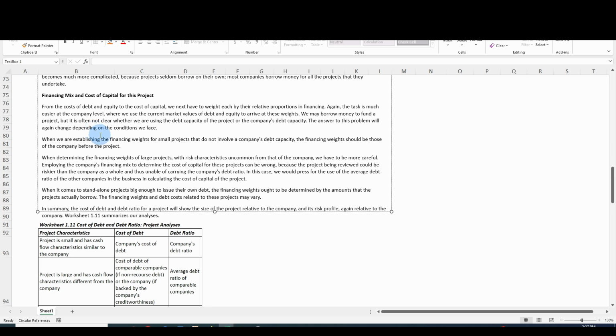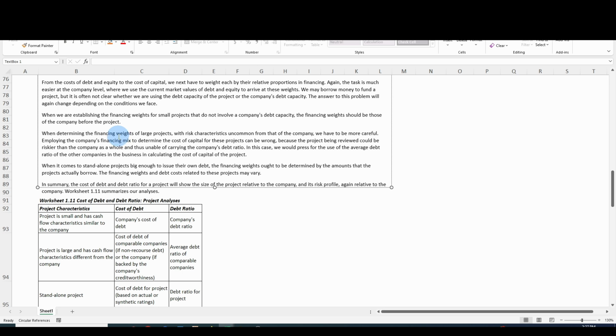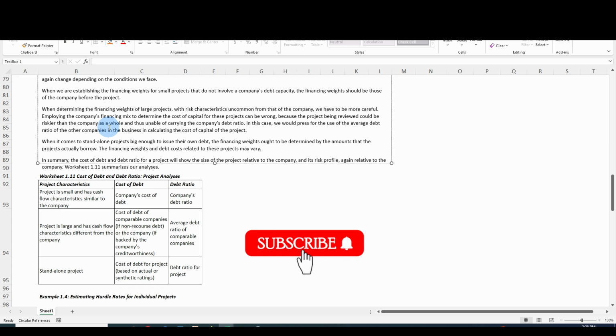The answer to this problem will again change depending on the conditions we face. When we are establishing the financing weights for small projects that do not involve the company's debt capacity, the financing weights should be those of the company before the project. When determining the financing weights of large projects with risk characteristics different from that of the company, we have to be more careful.